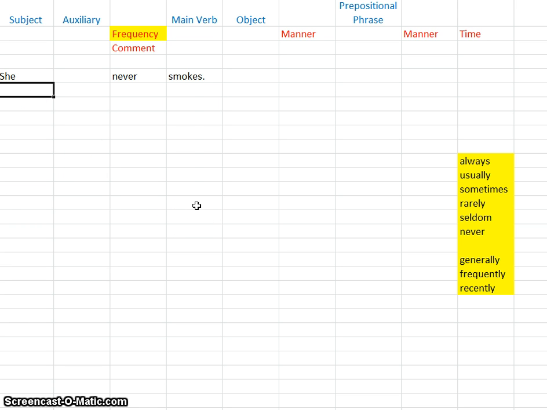If you have an auxiliary, like he has always loved you, he has always loved you, subject he, auxiliary has, frequency adverb always, main verb loved, object you. The frequency adverb goes between the auxiliary and the main verb.